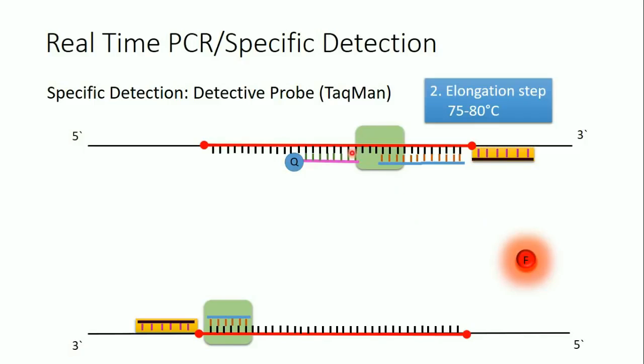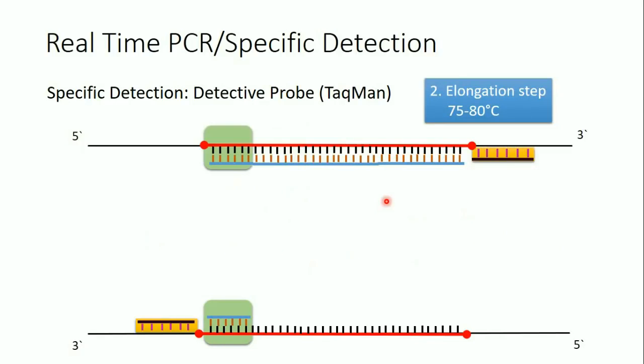So the polymerase will continue by copying the DNA and by degrading the probe. Okay, like as you are seeing here. So the probe will be completely degraded when the polymerase is copying the parent DNA.